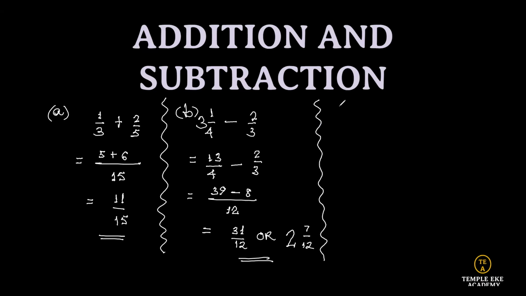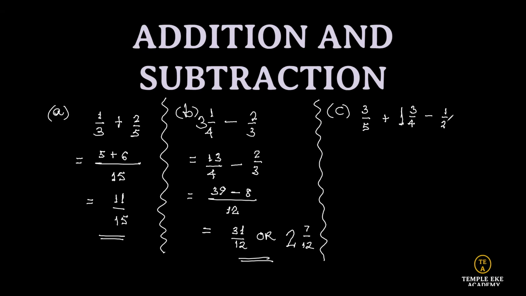The third example. Addition and subtraction, how we can add and subtract fractions. The third example involves 3 fractions now. So we have 3/5 plus 1 whole number 3/4, and now minus 1 over 2.